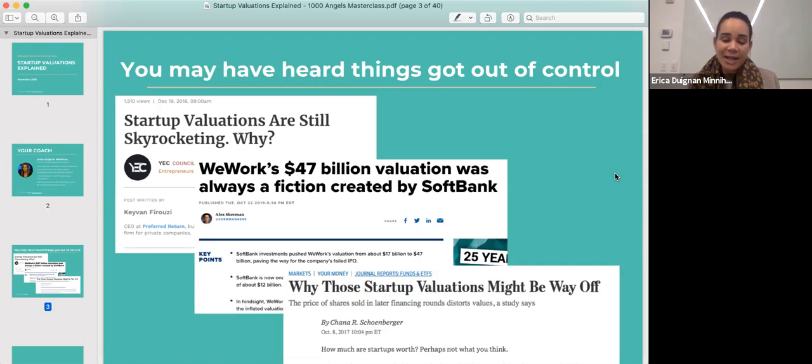the valuation. One of the reasons they say it was a fiction created by SoftBank is that SoftBank was trying to establish a certain momentum of valuation increase, so that they could justify taking the company public at a $100 billion valuation.